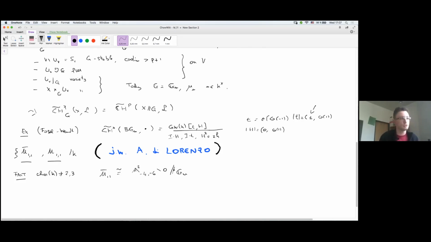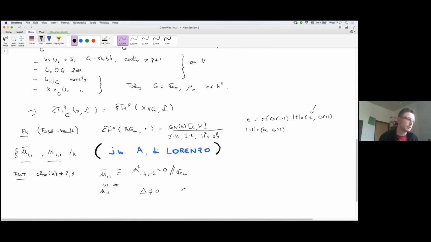This equation is not unique, but unique up to rescaling. So here's where the GM comes up. M11 is just open inside M11 bar, the open of A2 minus 0 which is the complement of the locus where the discriminant is equal to 0.